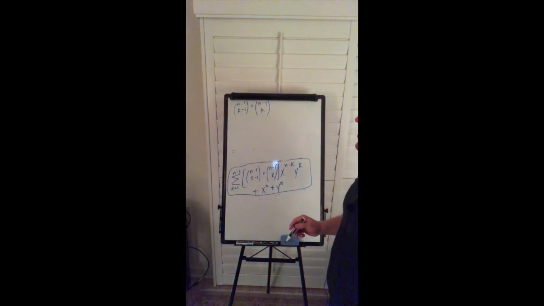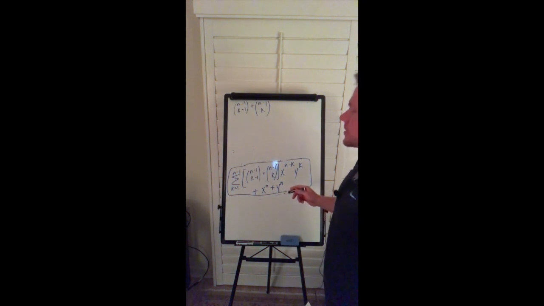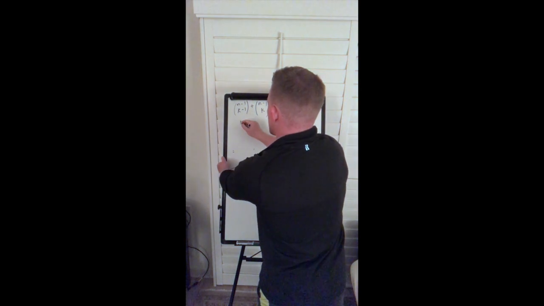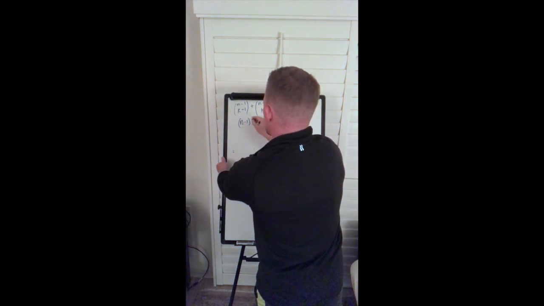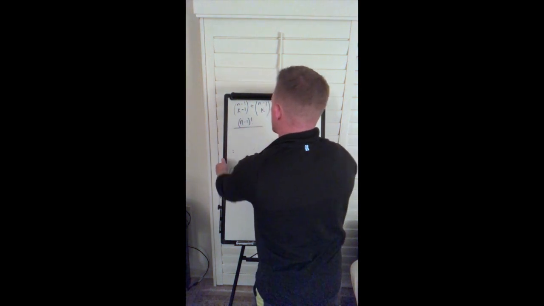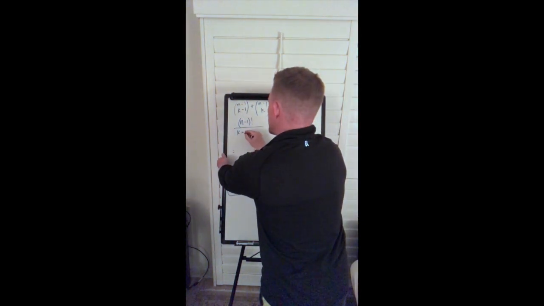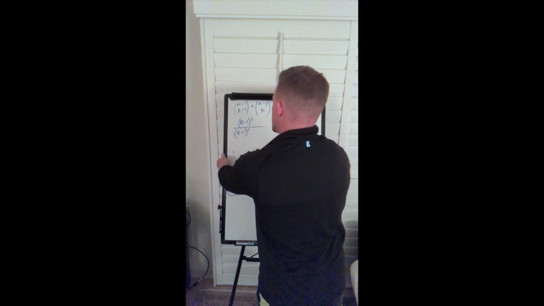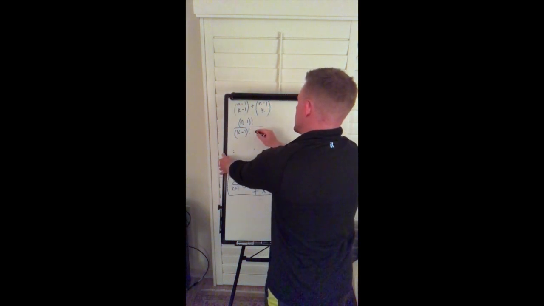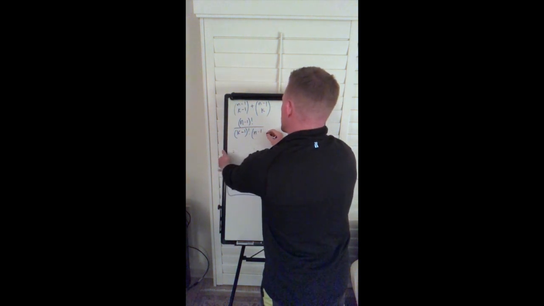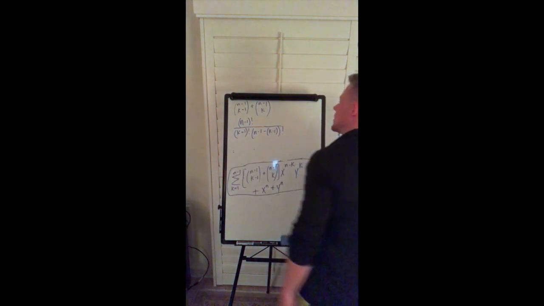We can actually use the definition of a combination to start off. So let's write that out. n minus 1 factorial divided by k minus 1 factorial times n minus 1 minus k minus 1 factorial.